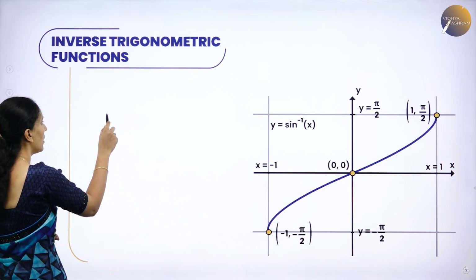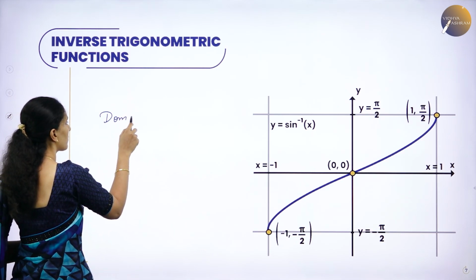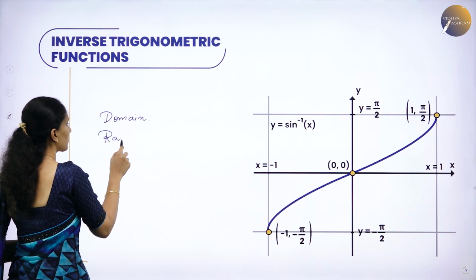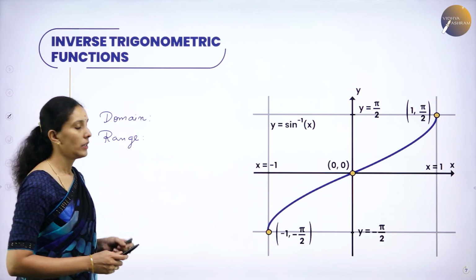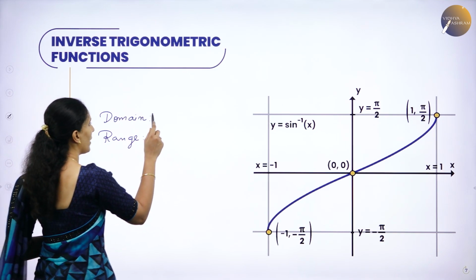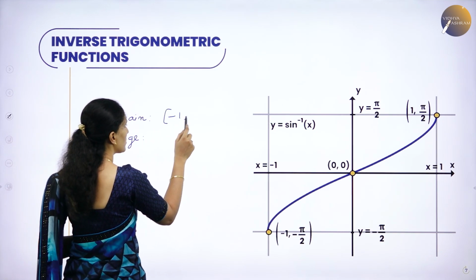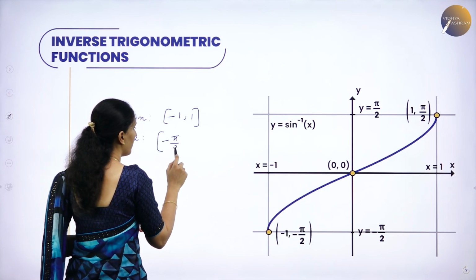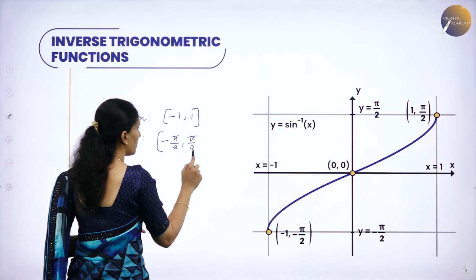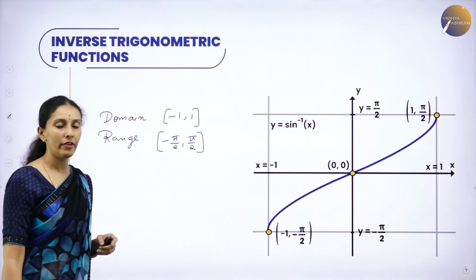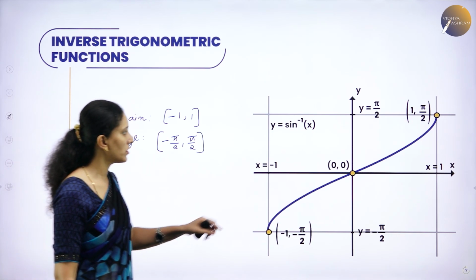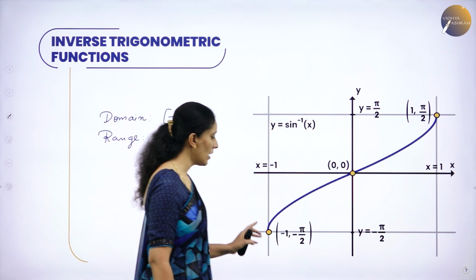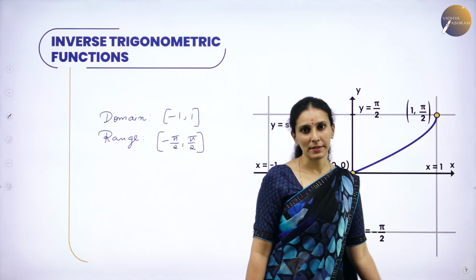Hence we can say the domain and range: the domain of the function is from minus 1 to 1, and the range is from minus pi by 2 to plus pi by 2. So this is the domain and range of the sine inverse function, and this is the graph of the sine inverse function over the interval minus pi by 2 to plus pi by 2.